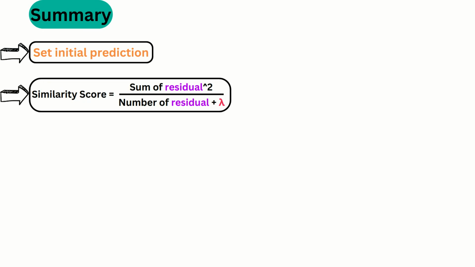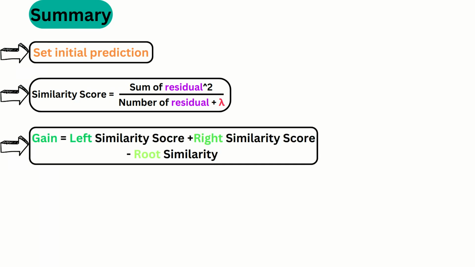Next, we calculate the similarity score for the root node, and subsequently calculate the similarity score for each leaf after the splitting process. Then we determine the gain of each split. We focus on threshold values where the gain is higher, and construct the XGBoost tree by creating branches through splitting.